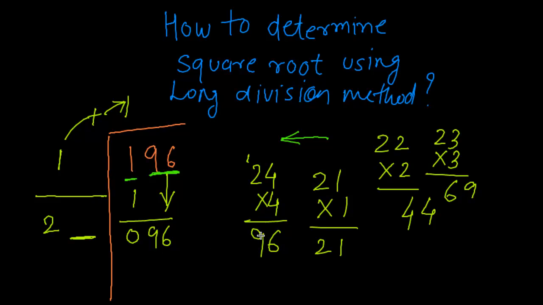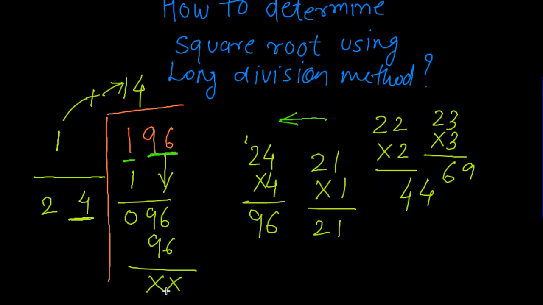It may happen that sometimes you may not get the perfect number, but if you are getting it, go for that. So this will be 4, and here also it will be 4, because 24 into 4 is 96, and you got 0 as the remainder, and this 14 would be your square root. That is, we can write it as square root of 196 is 14.